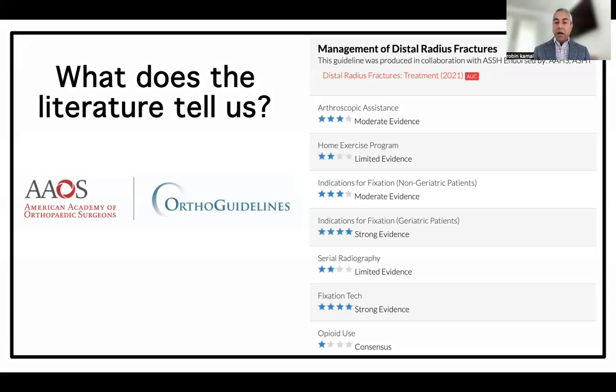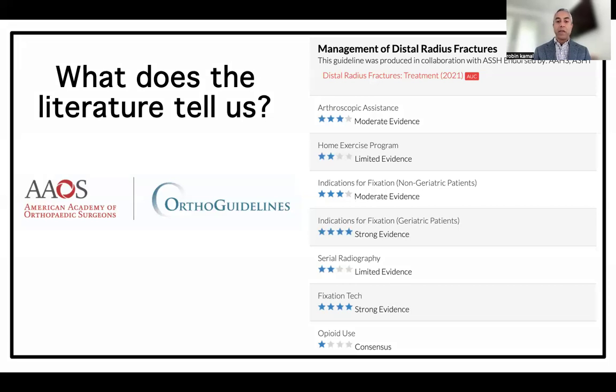In the geriatric population, or those often described as older than 65 years, there's strong evidence that operative treatment doesn't improve patient-reported outcome measures any better than non-operative treatment in the long term, and that's typically defined as 6 months to a year.